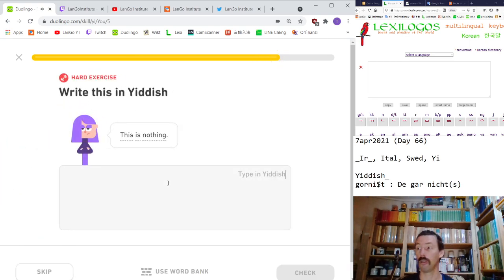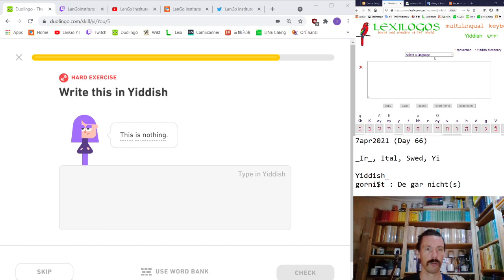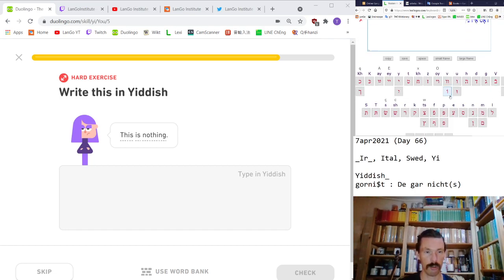This is nothing. So for this, dos. D-O-S. Das ist nicht. Right there, the nicht, that one's still in the verb phrase, I would think. Nicht is going to be with a W? No. How do I get shin?